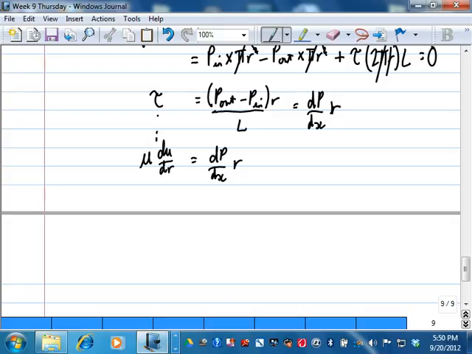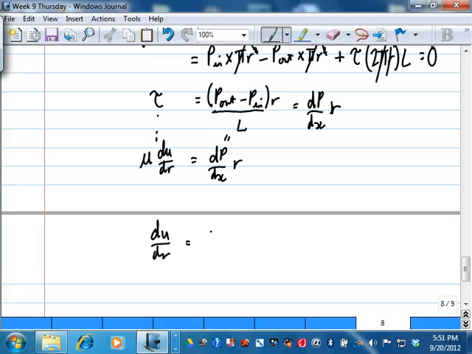Let's see whether you can put in something. So du over dr is equal to dP dx, which I leave in this compact form, but later I can expand it back out to P out minus P in over L. These are the same.